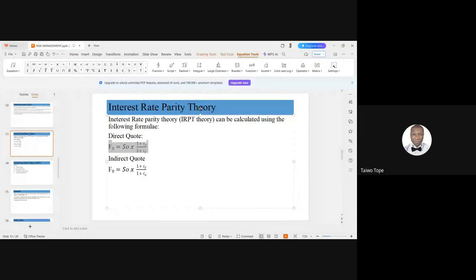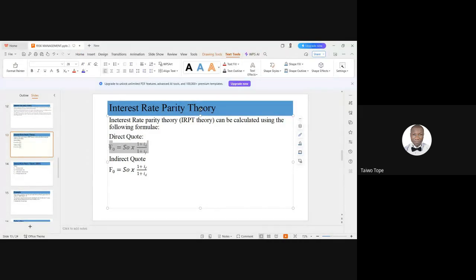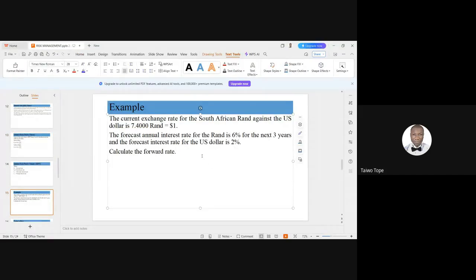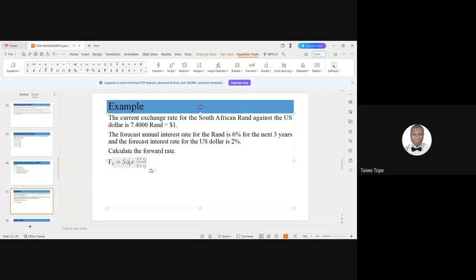Using these now, we have the forward rate. The spot rate in terms of direct quotes will be 7.400.